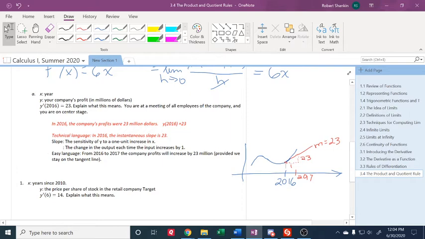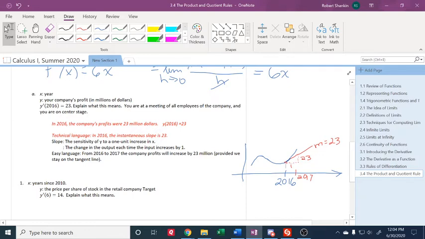Now this gets into the meaning of 2 key concepts, slope and then instantaneous slope, which is the derivative. So just the slope itself is saying from 2016 to 2017 we'd increase by 23 million, but we know that this is just an instantaneous slope, so things could change.